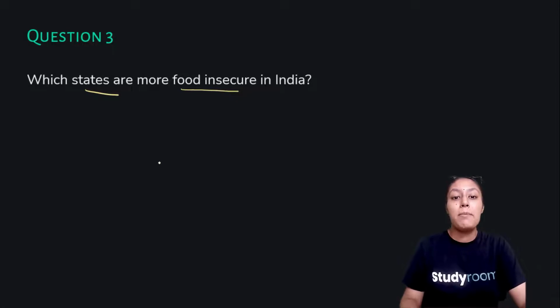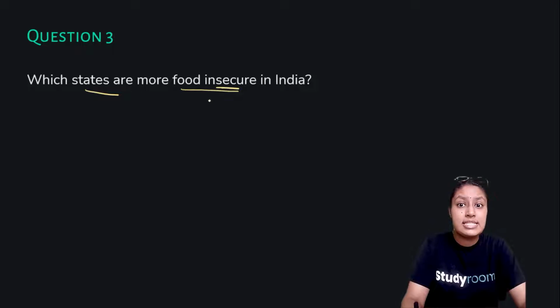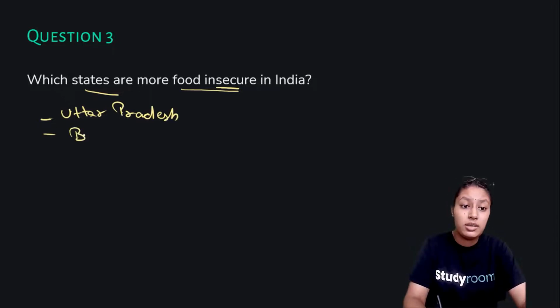Which states of India are more food insecure? Which are the states which have a lack of food availability in those areas? As we have studied in the bar graph, it is Uttar Pradesh, Bihar, Jharkhand.